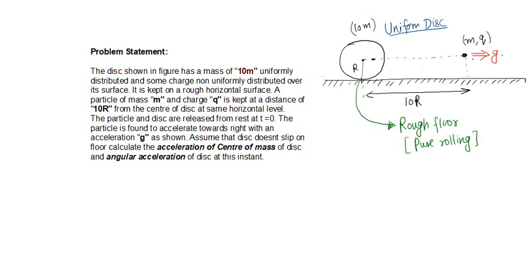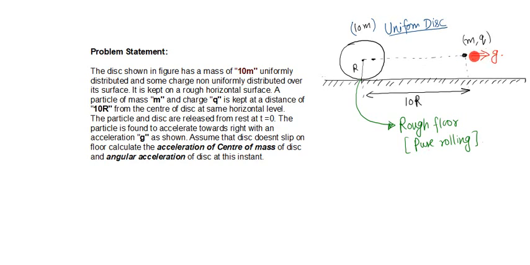The particle is found to accelerate towards the right with an acceleration g as shown. As soon as the particle and disk are released, the particle accelerates horizontally with an acceleration of g.